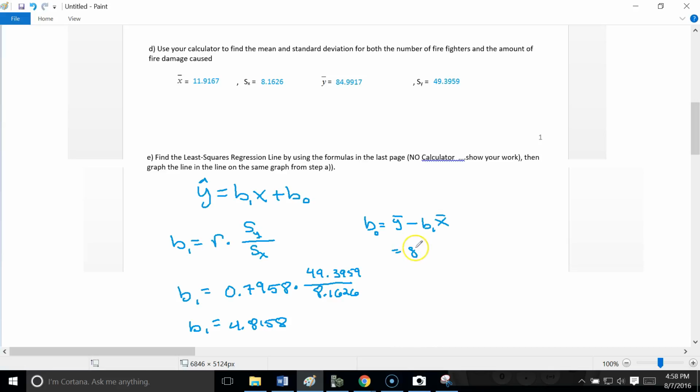Y bar is 84.9917 minus b sub 1, which we just figured out to be 4.8158, and we're to multiply that times the mean of x, x bar, which is 11.9167.